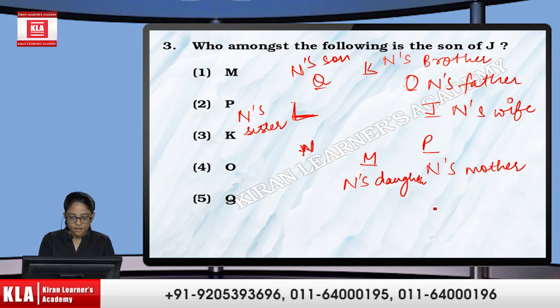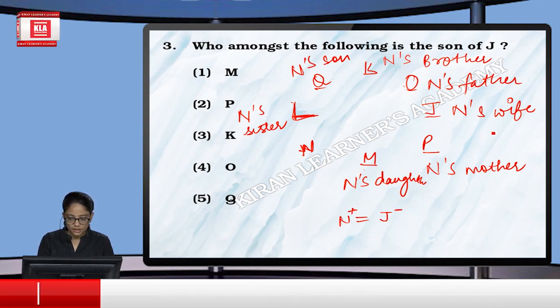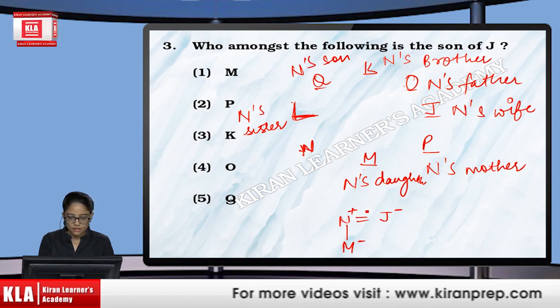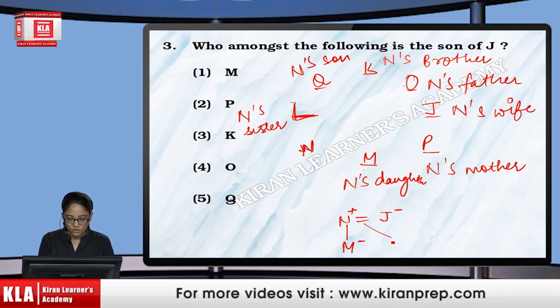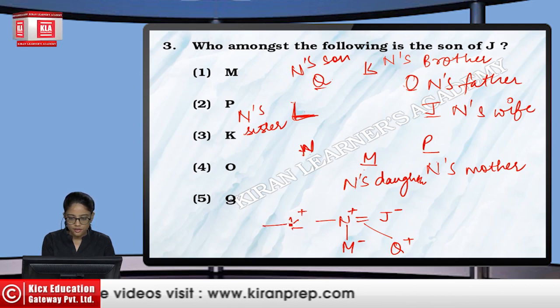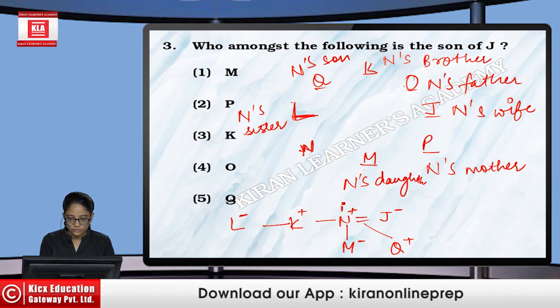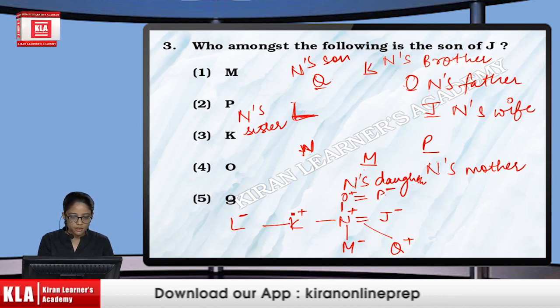If we make a family tree, then N's wife is J, N has a daughter M and a son Q, then N's brother is K and sister is L, then father is O and mother is P.